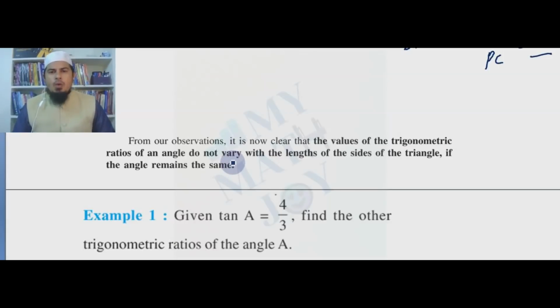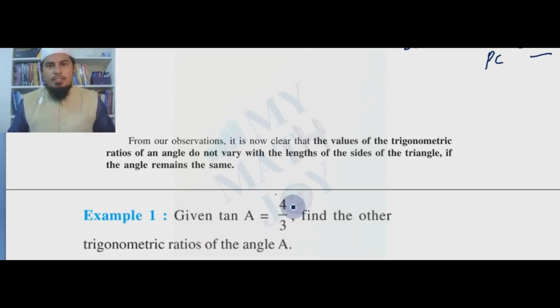You can remember this, it can come as a 1 mark answer. Now let us learn what different types of questions can be asked in the trigonometric ratios exercise. I have collected different questions which are asked in trigonometric ratios.